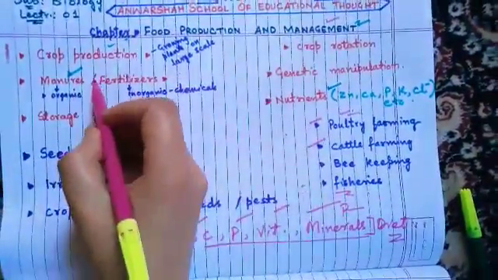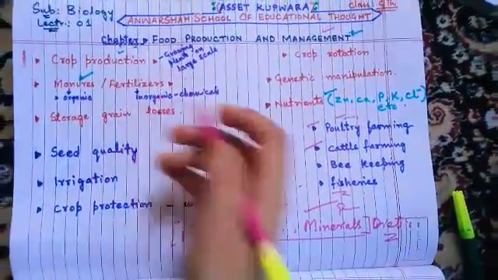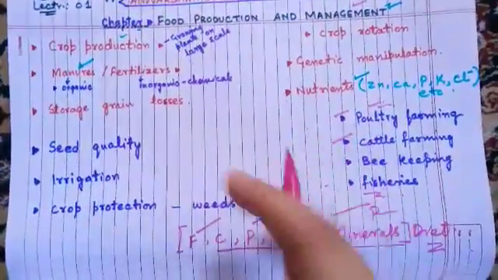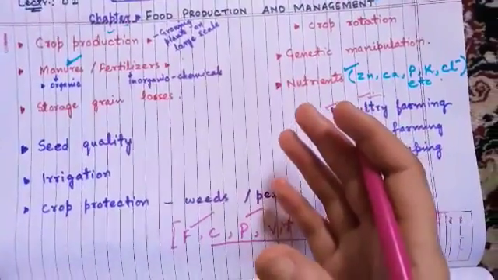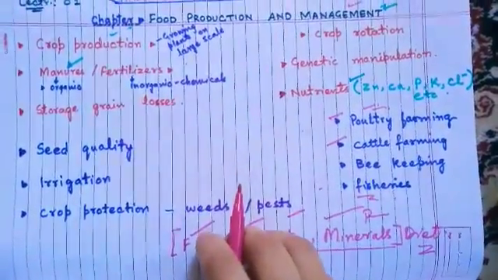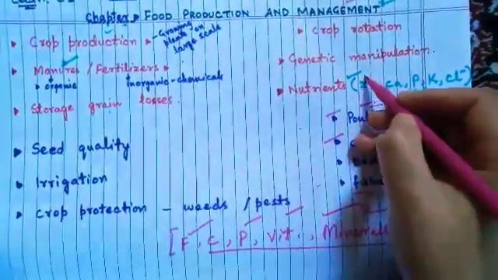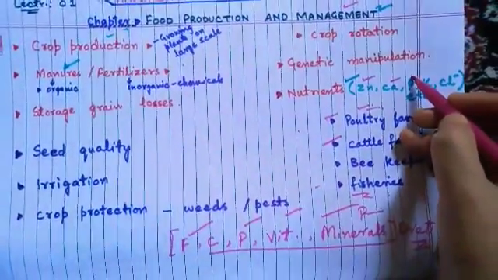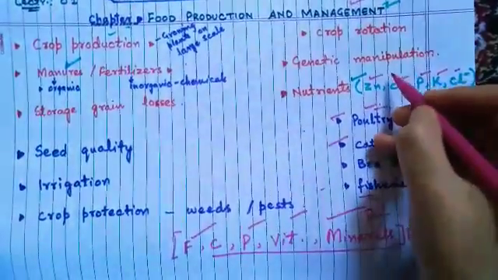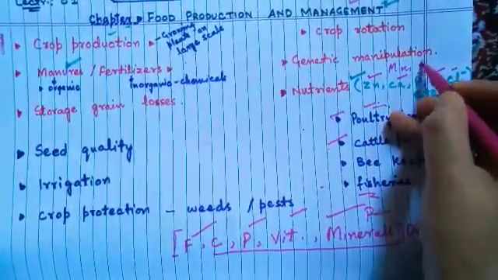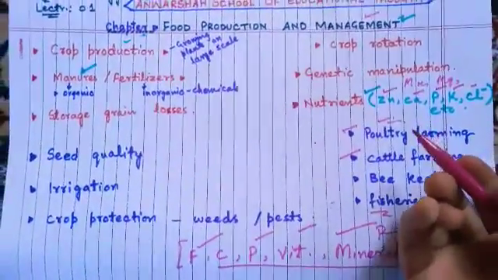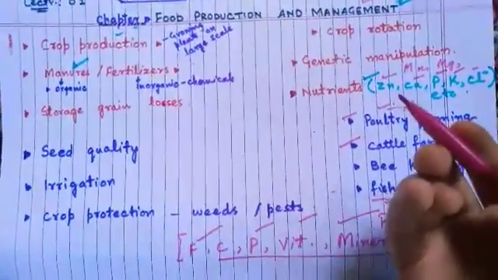For example, here are manure and fertilizers. You all know that we grow crops in the soil. Soil is a rich nutrient pool for plants to grow. For example, nutrients like zinc, calcium, phosphorus, potassium, chlorine, manganese, magnesium, and so many other nutrients which a plant needs for growth.